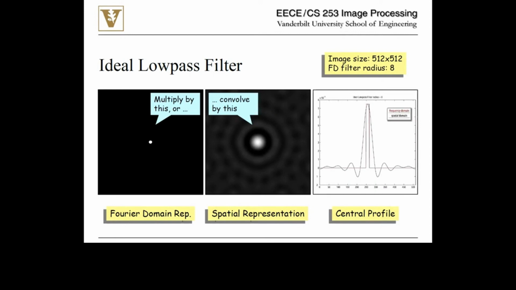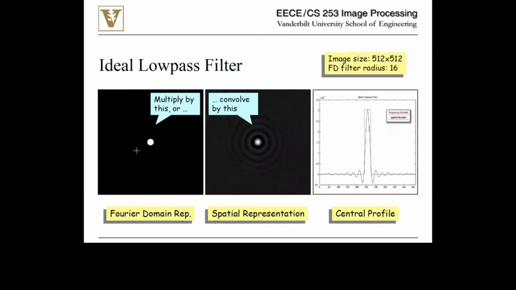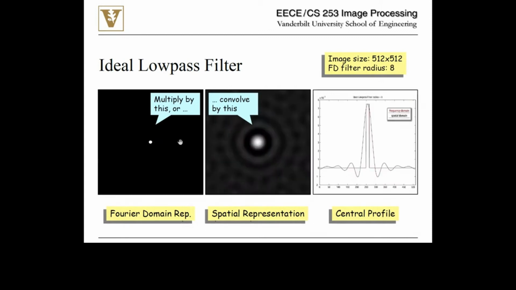Okay, so here is another ideal low-pass filter, but now the cutoff frequency is smaller. The cutoff frequency is the maximum frequency that can go through the filter. And this you already know from the uncertainty principle.